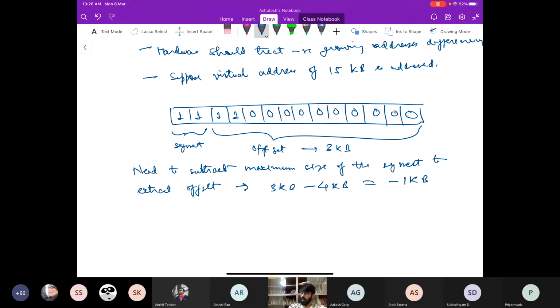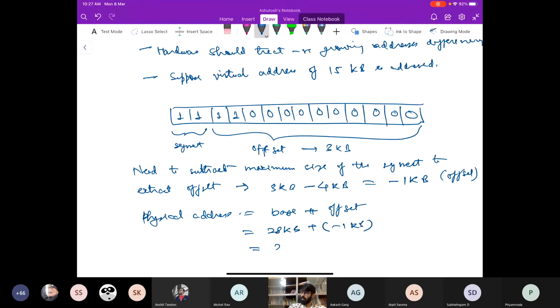And now you add this again to the base: physical address is equal to base plus offset. So this was at 28KB plus minus 1KB is equal to 27KB. Okay.